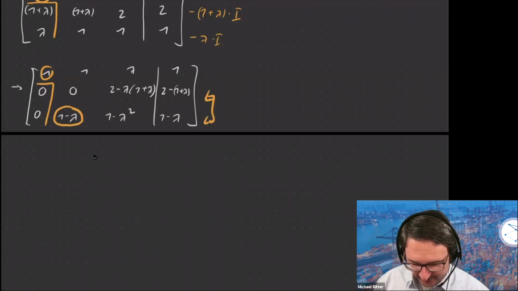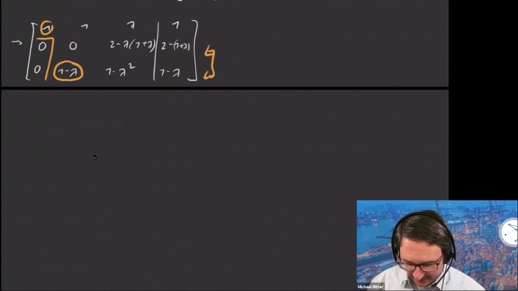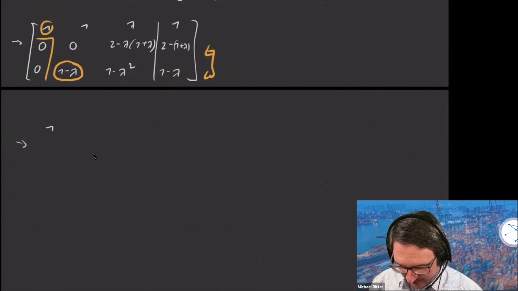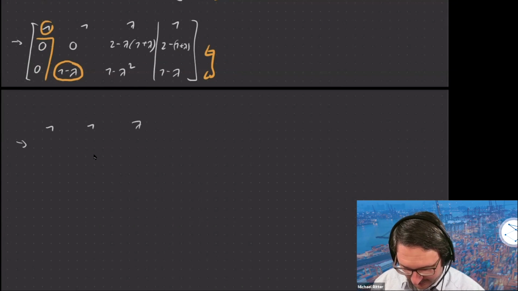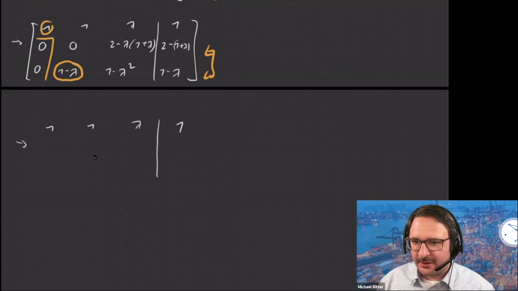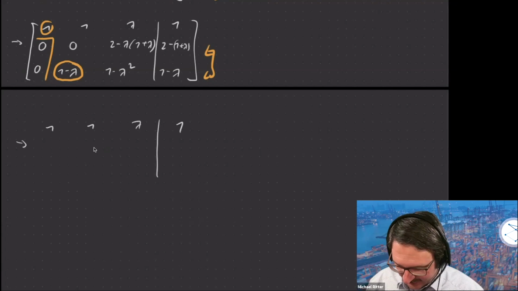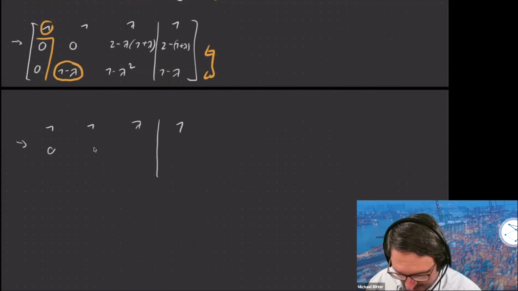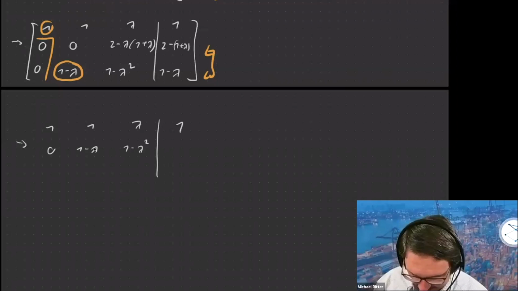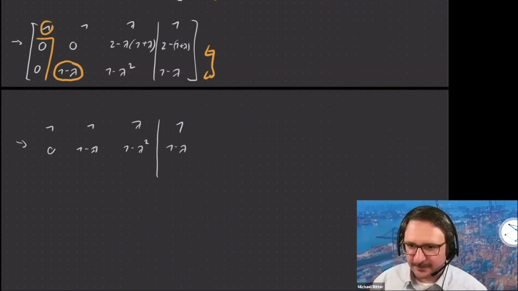So that's what we're going to do next. We're going to swap these 2 rows. And that way we obtain 1, 1, lambda, and 1. Then here we have 0, 1 minus lambda, and 1 minus lambda squared, and 1 minus lambda.